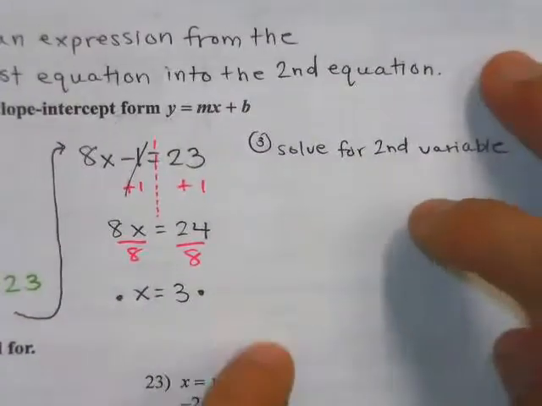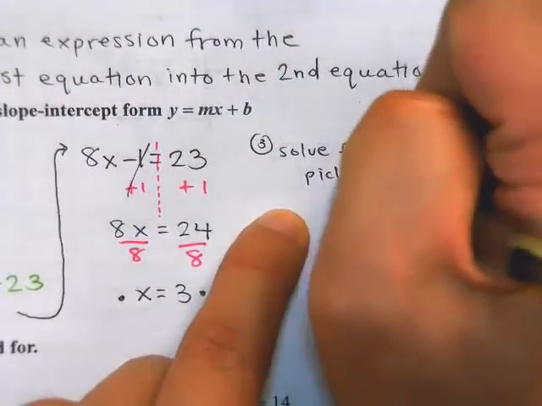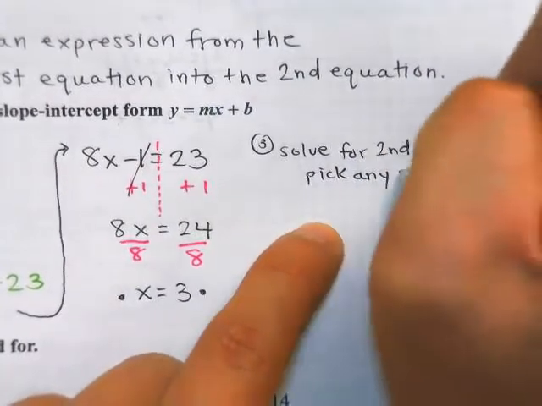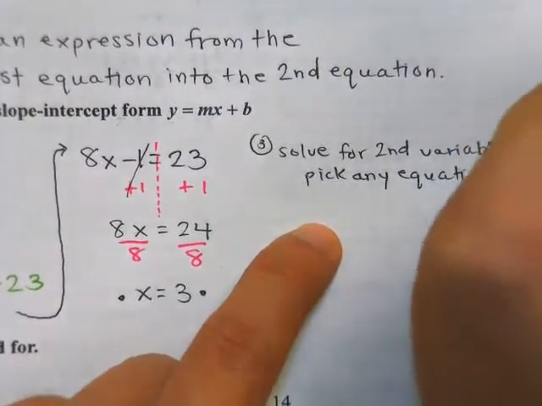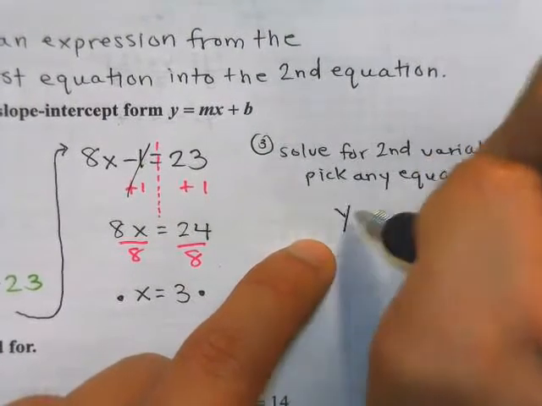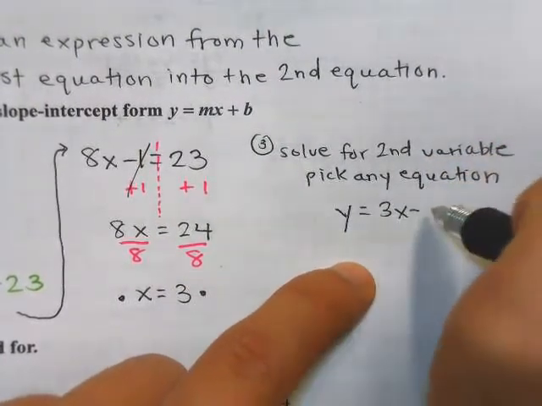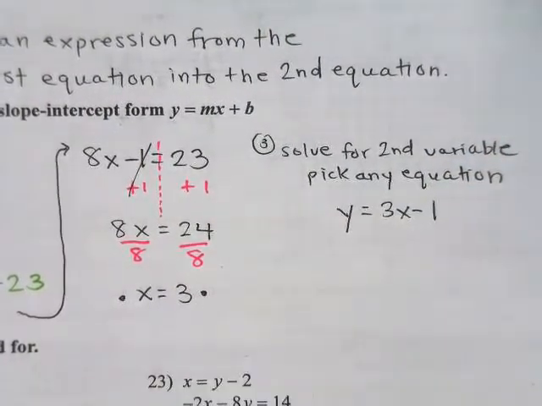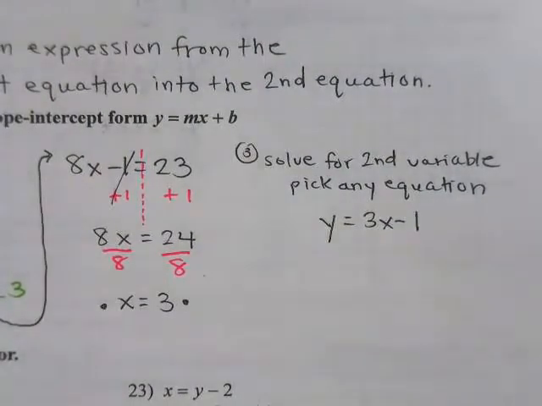So you're going to just pick any equation. I'm just going to pick the top. Actually, for your notes, if you want to pick the bottom, go ahead and do it. We should come out with the same y value.